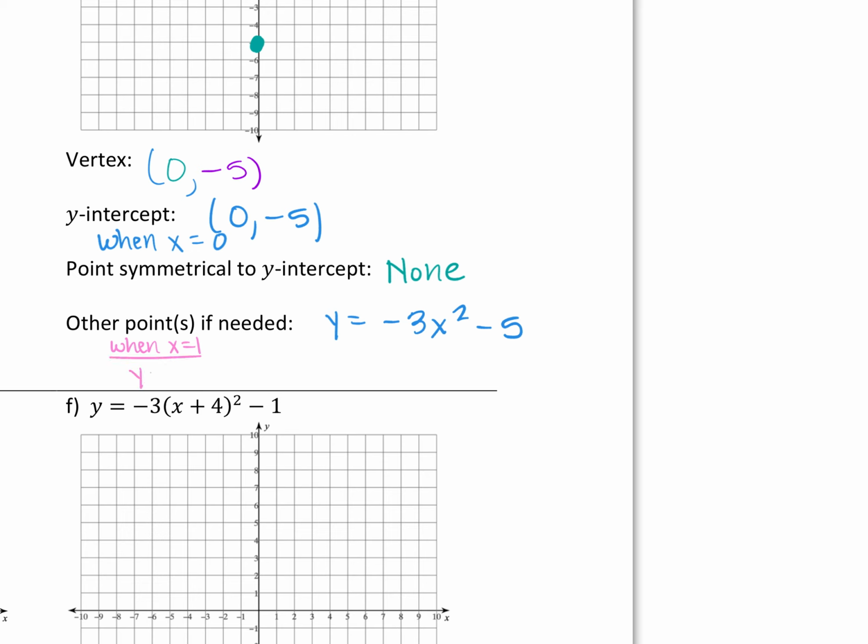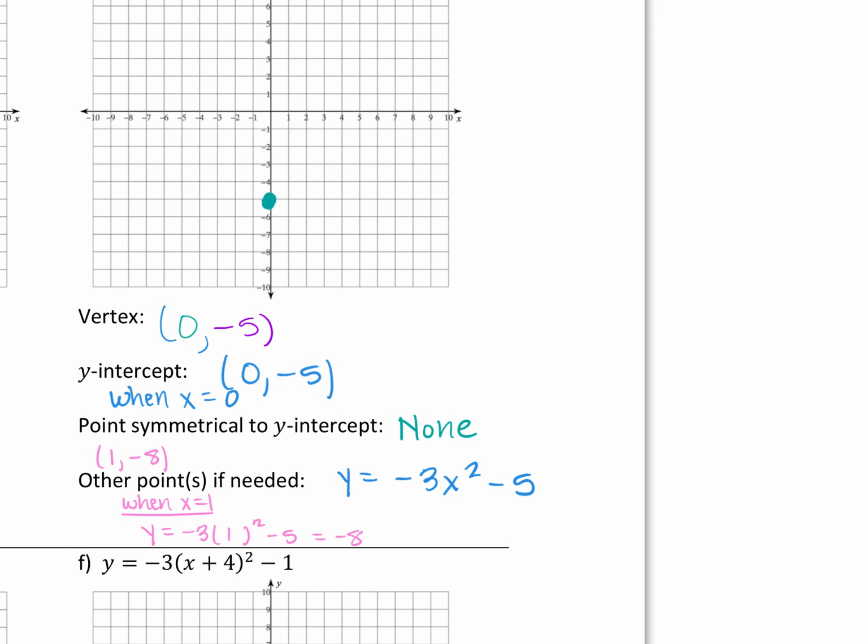We have y equals negative 3, and then our x is being squared, and we're subtracting 5, right? So I'm just plugging in 1 in place of that x right there. And then we can type that into our calculator, and we end up getting a negative 8. So one of the other points that we need is an x value of 1 and a y value of negative 8. So 1, negative 8 is here.